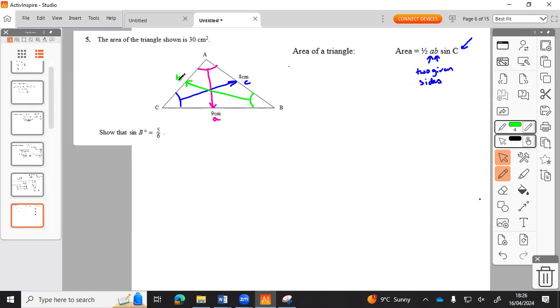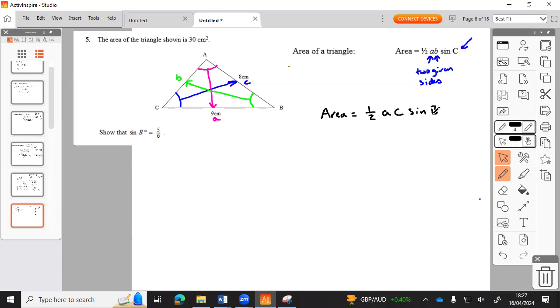So in this case, you're given side A and C, and then we can use that to find sine B. So in this case, instead of A, B, and C, we're essentially saying it's A, C, sine B, because that's the information we've got. We're given A and C.